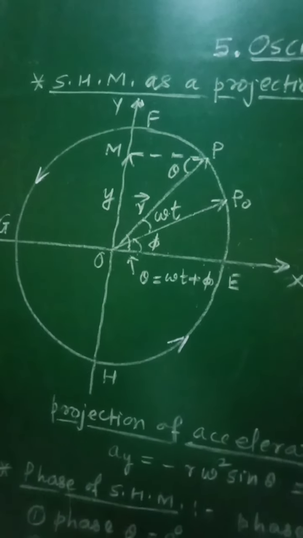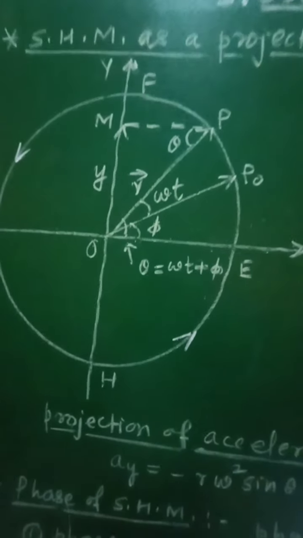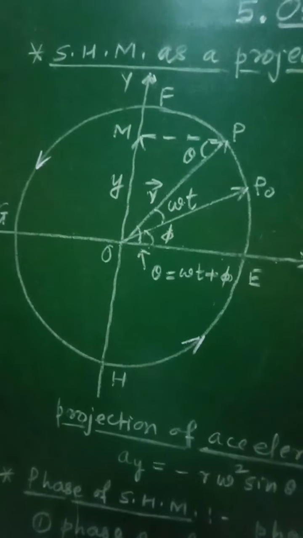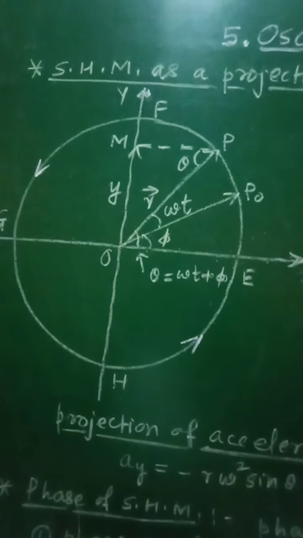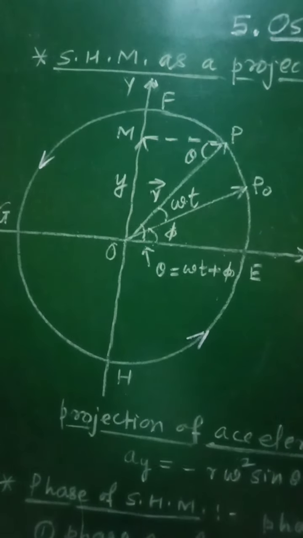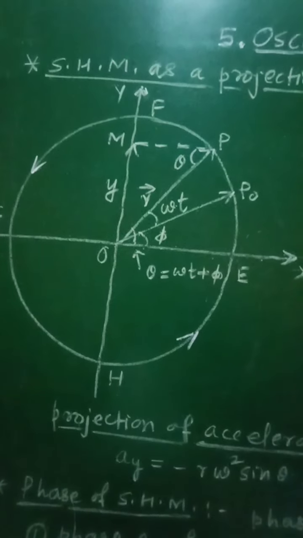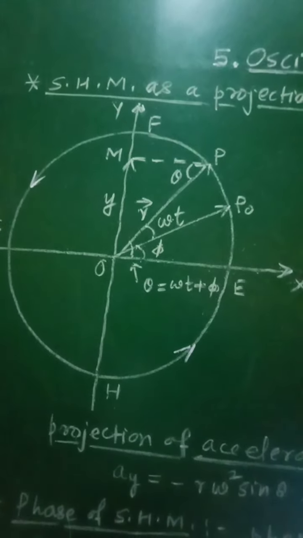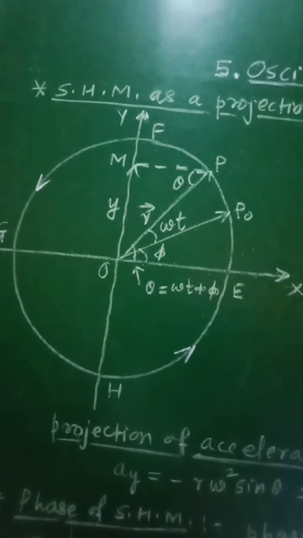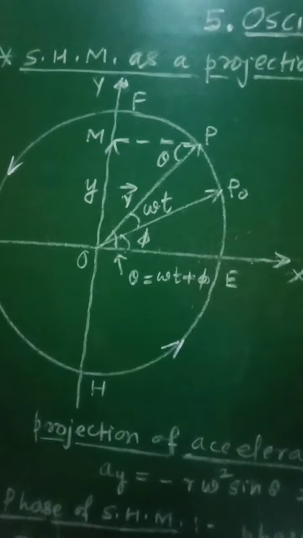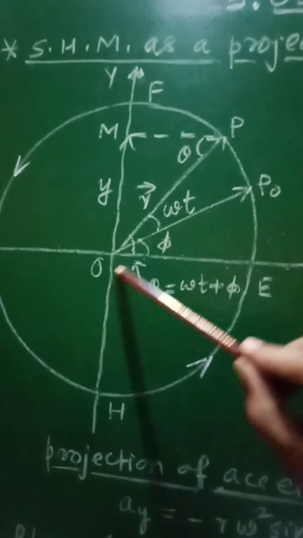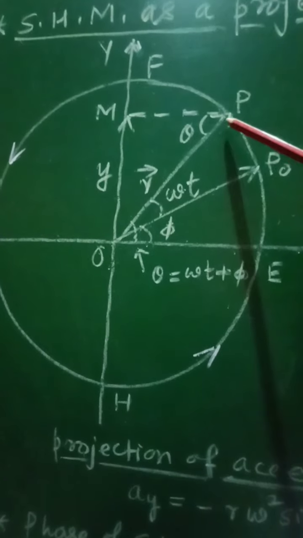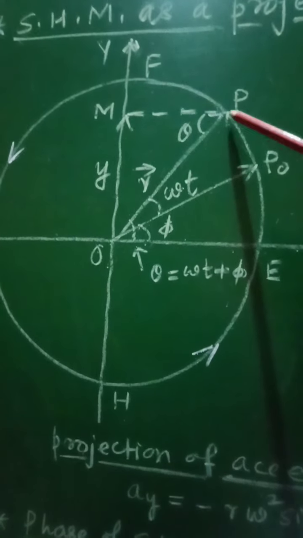Now let the vertical diameter FH along y-axis be the reference diameter, and OM be the projection of that position vector r, that is OP, on it. So OP will represent the position vector for this particle P at time t.